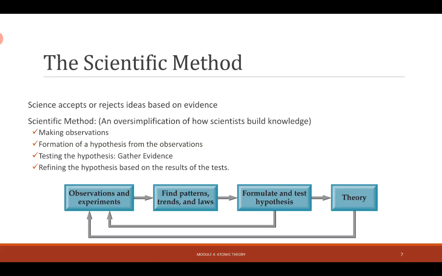So the scientific method tries to show how scientists build knowledge over time. Science accepts and rejects ideas based on evidence. We can never prove, we accept ideas based on evidence, but you can't really prove a positive.